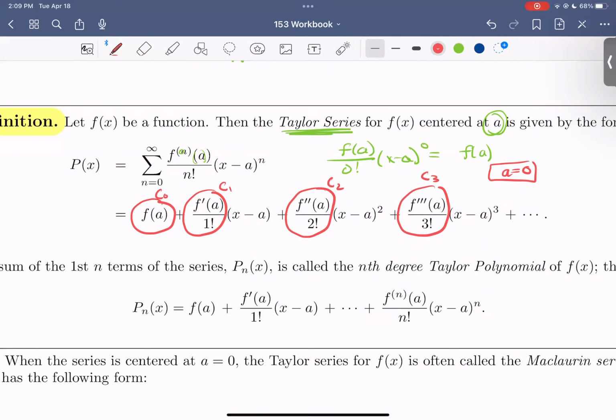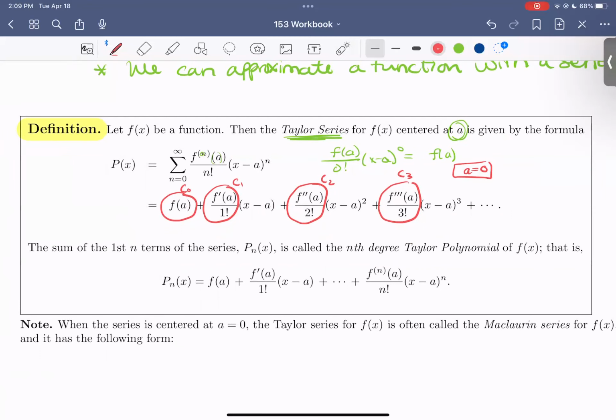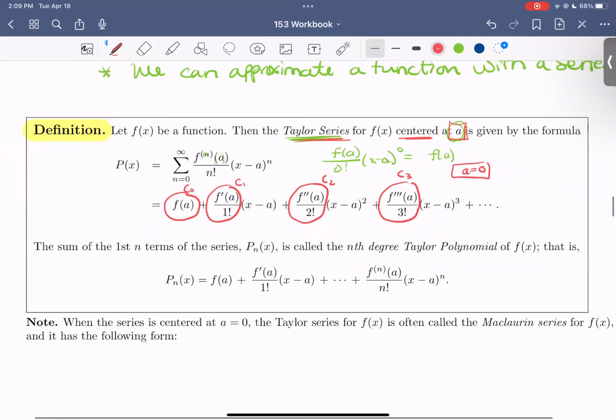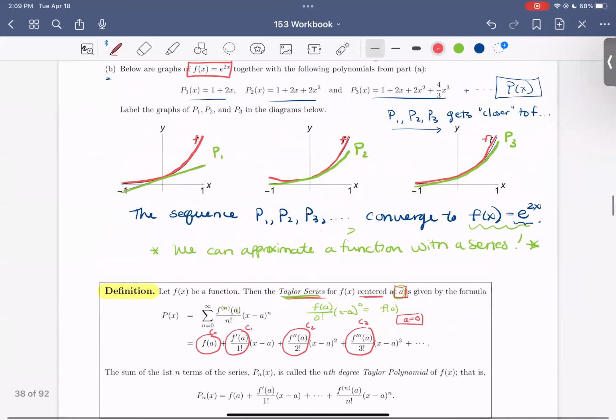There's even more generality in that we can center our polynomial, or our series rather, because we're looking at a Taylor series, about any given value or constant a. Where does a come in? Well, notice in this graph that we looked at above, where do these polynomials match our function exactly?